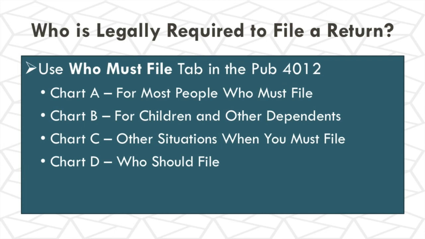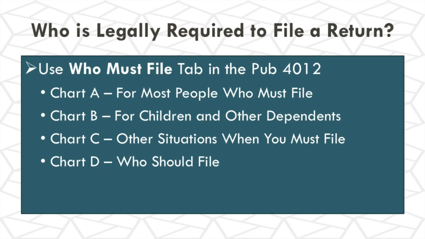If you will open your Publication 4012 to the Who Must File tab, we're going to determine who is legally required to file a return using charts A, B, C, and D. Most of the time you will use Chart A to determine if a taxpayer needs to file a return.